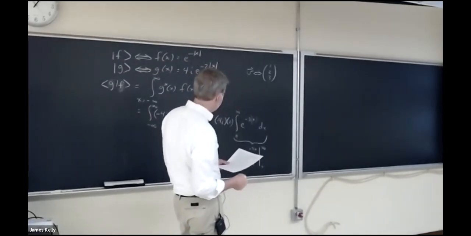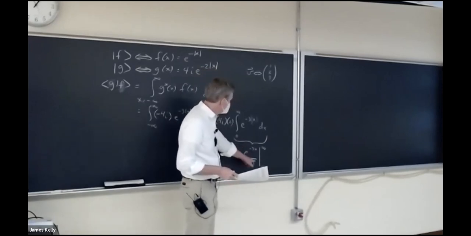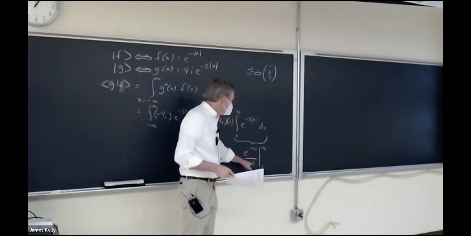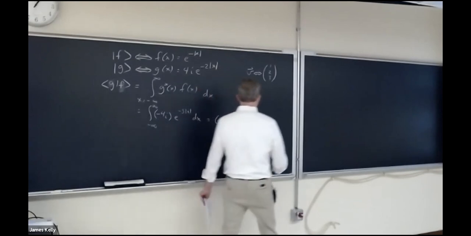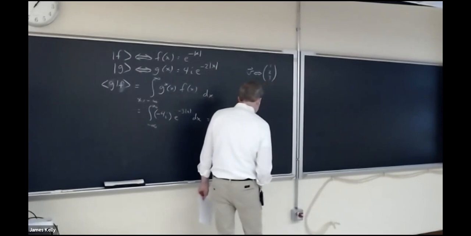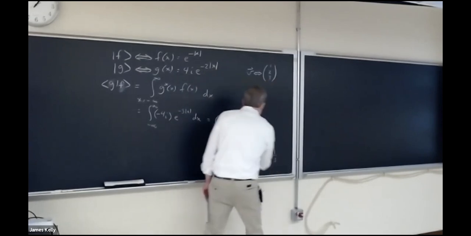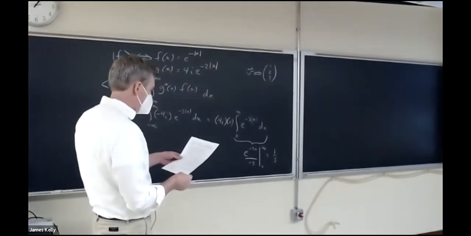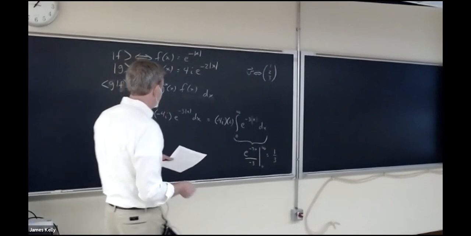At infinity, it goes to 0, so the upper limit goes to 0. At the lower limit, you get an extra minus sign, which cancels that minus sign if I'm doing this correctly. So e to the 0 is 1. So I think this whole thing that I have a bracket underneath there is 1/3, if I'm correct.